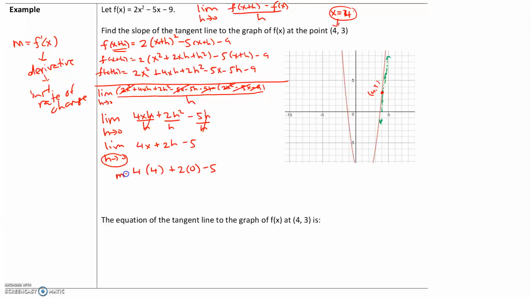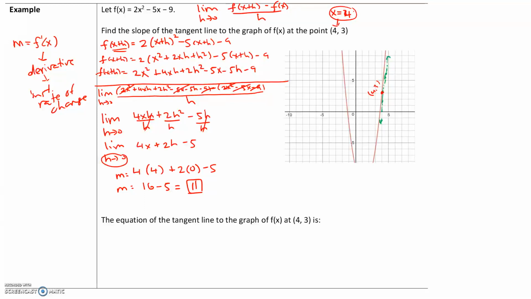So my slope m is going to be 4 times 4, which is 16, minus 5, which is 11. So the slope of the tangent line at the point (4, 3) is equal to 11. So we're going to go up 11 over 1.